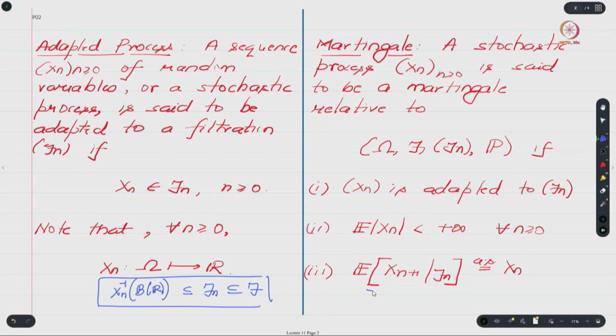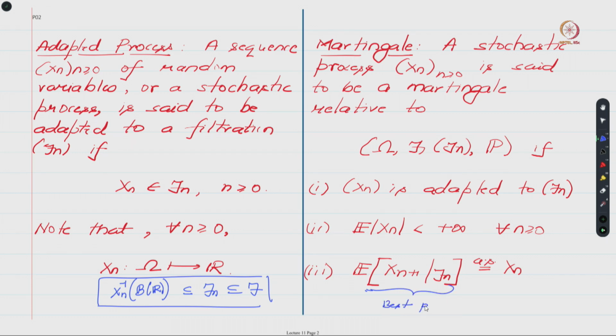This, at a very loose level, is the best proxy for Xn plus 1 that is measurable with respect to Fn.